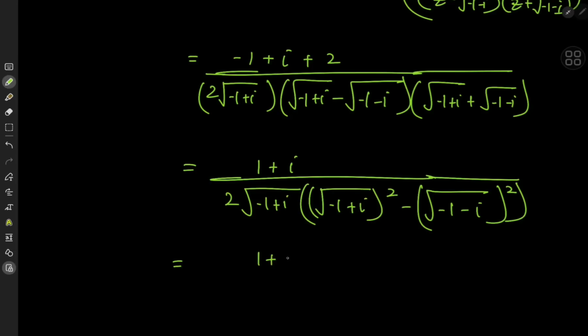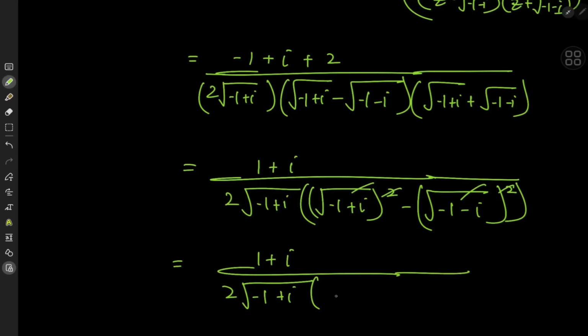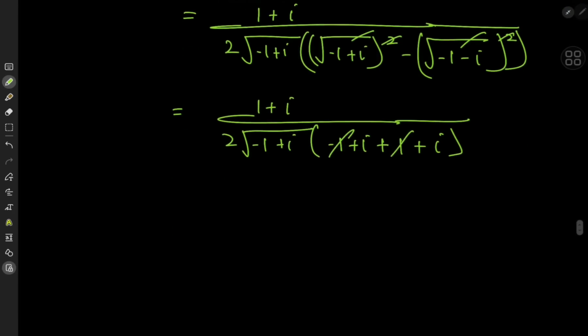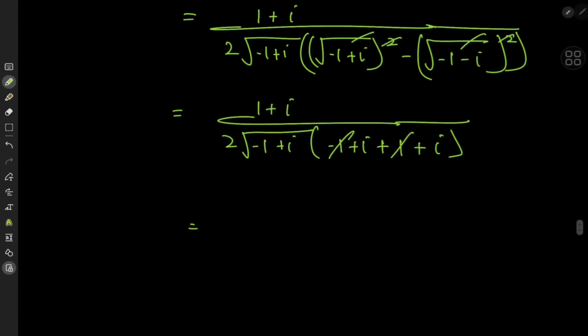Anyway, so we have 1 plus i divided by twice the square root of negative 1 plus i times some nice cancellation taking place. Negative 1 plus i plus 1 plus i. Again, some really nice cancellation. So we have in the denominator 2i times 2, that's a quarter.